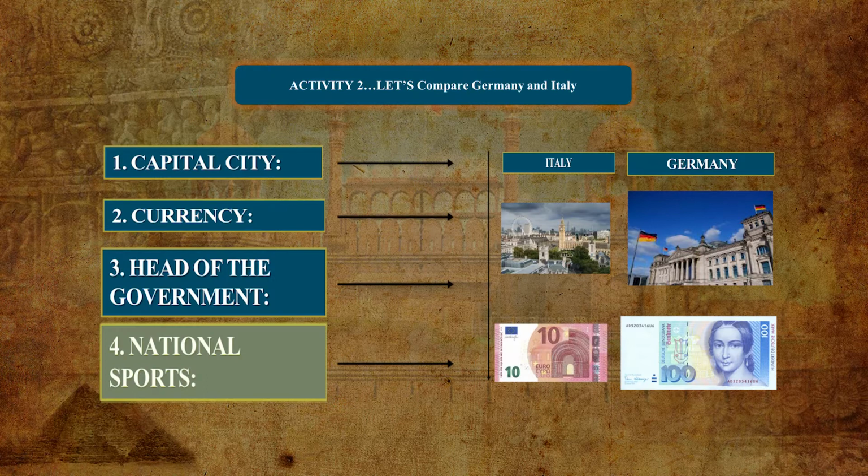Then, both Germany and Italy are world renowned in their sports, in hockey and in football also. Now, you have to find out the national sports of Germany and of Italy. Through this activity you can connect with the past and with the present.